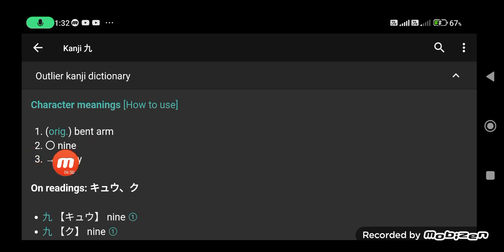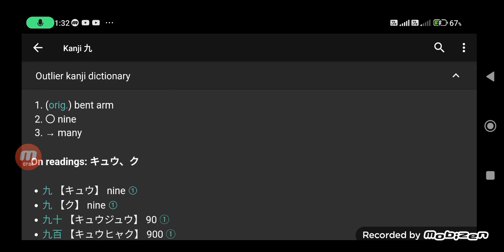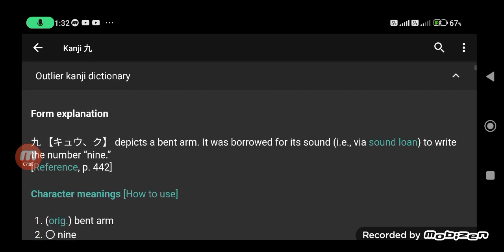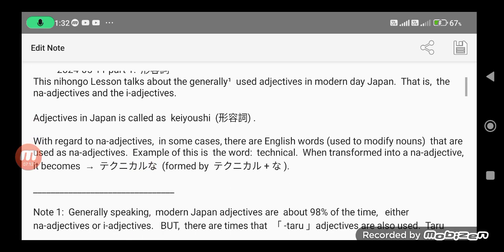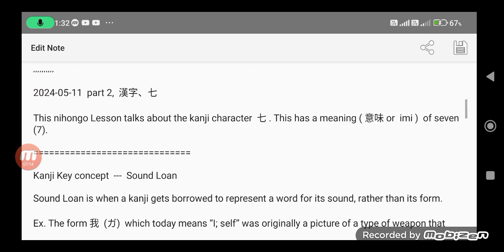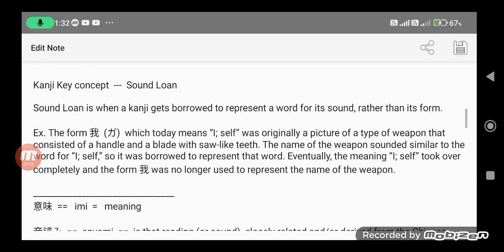The original meaning for that kanji is bent arm, and the other meaning is 9, and there's a derived meaning, many. May I show first what we mean by sound loan? Kanji concept: sound loan.